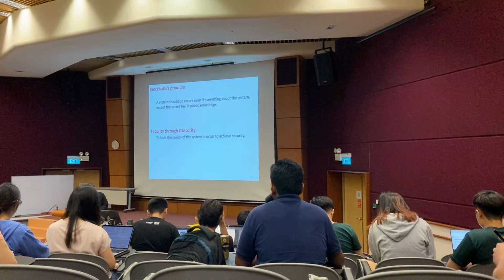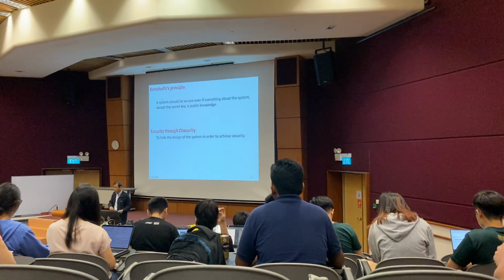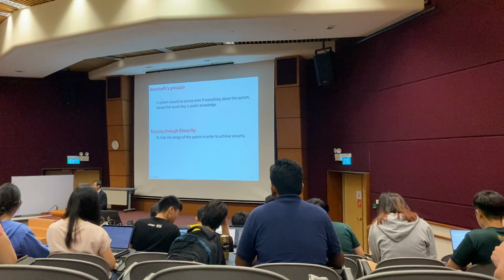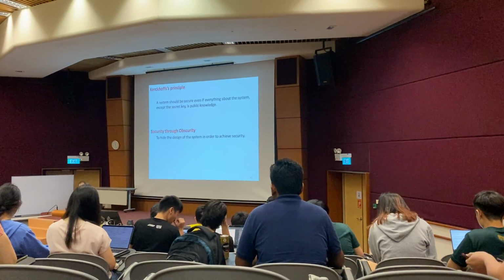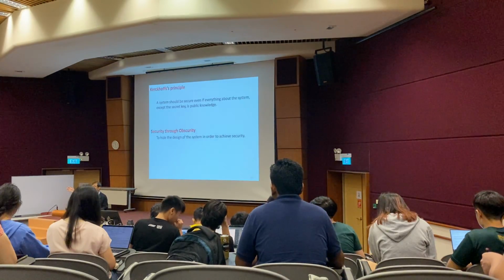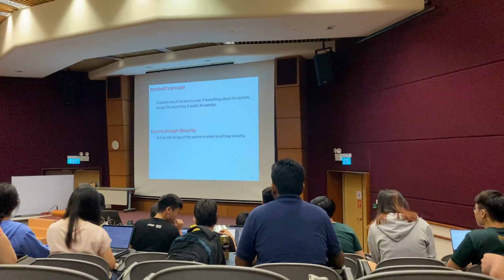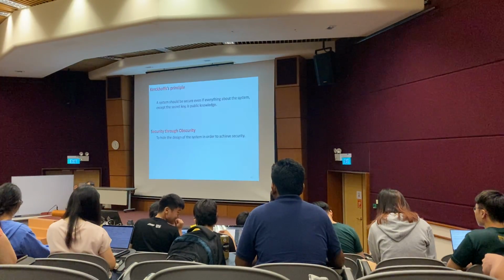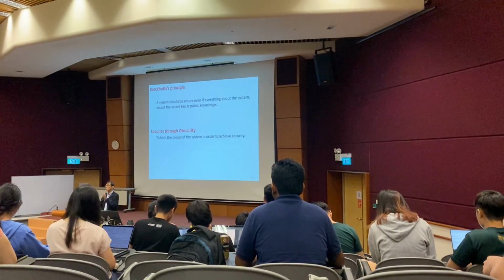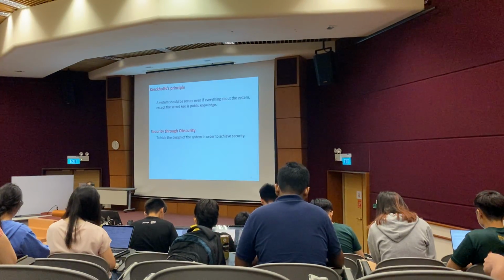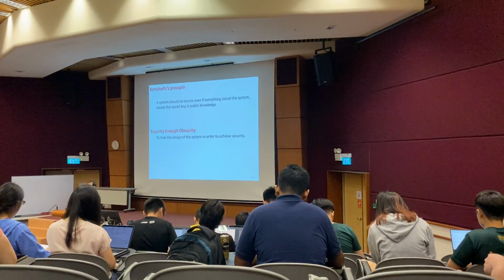The other one is another principle. It's called Kerckhoffs's principle. I hope I pronounce it correctly. He said that a system has to be secure even if the underlying algorithm is known. Then what you have to keep secret is a very short piece of secret. The security relies on the confidentiality of a very short piece of secret, which we call the secret key.